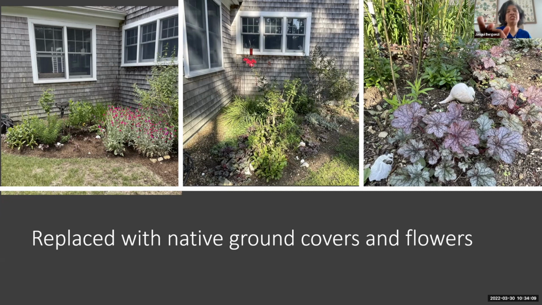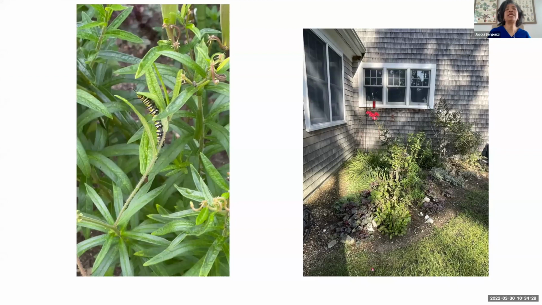So you can see it starts to fill in here. It's getting bigger. Now, this is actually at the end of the season. You'll see how tiny the Asclepias tuberosa looks, and I'll show you why. So here it looks bigger. Here it looks really tiny. What happened? Well, what happened is I planted it and they came.